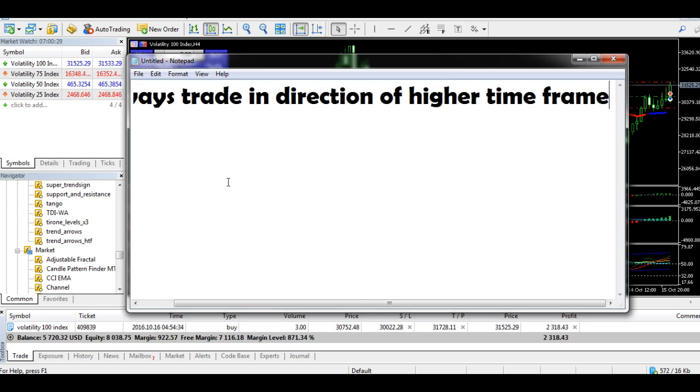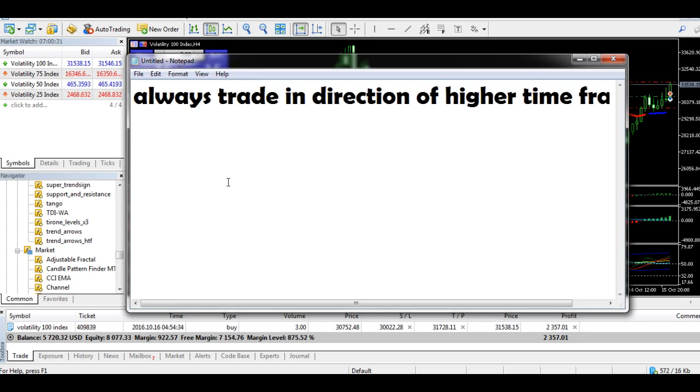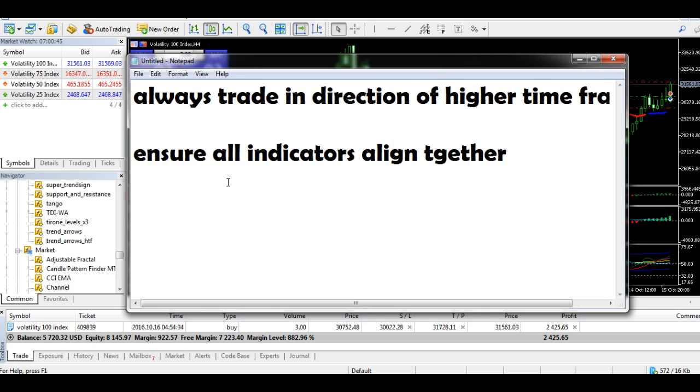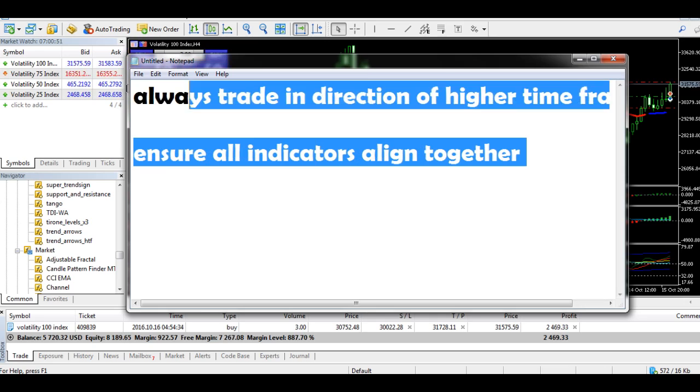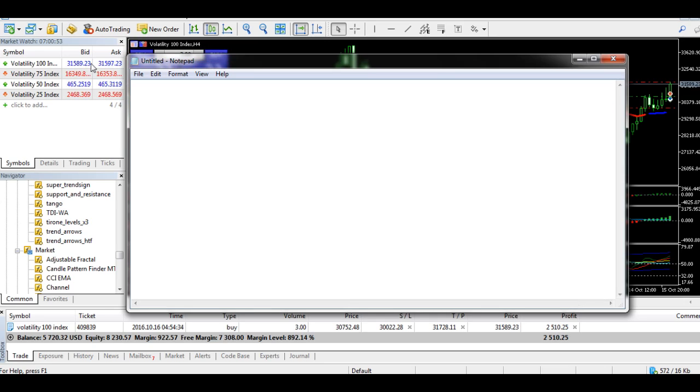Always trade in the direction of the higher time frame, and ensure all indicators align together as well. The market is always there. You don't need to be in too much of a haste, probably because you want to make money. No, don't do that. And at the end of the day, invest in yourself.